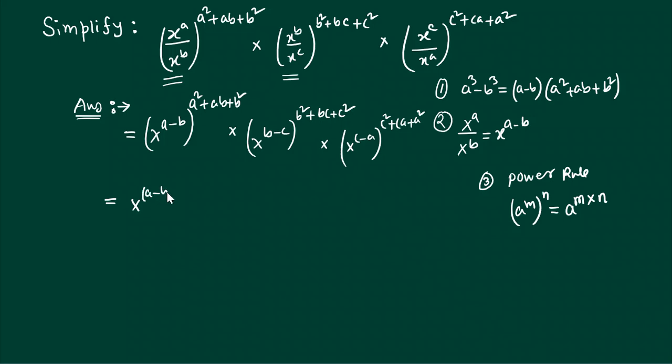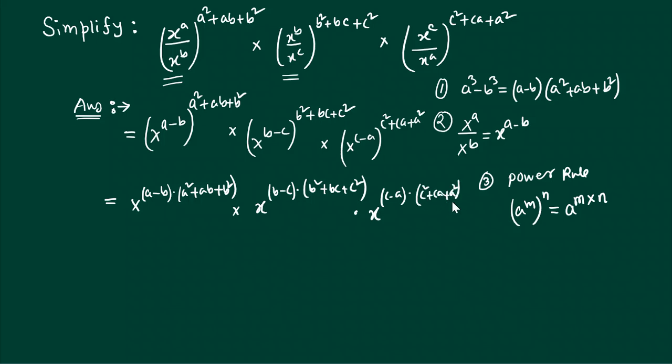So we can write x^((a−b)(a²+ab+b²)). In the same way, x^((b−c)(b²+bc+c²)) times x^((c−a)(c²+ca+a²)).